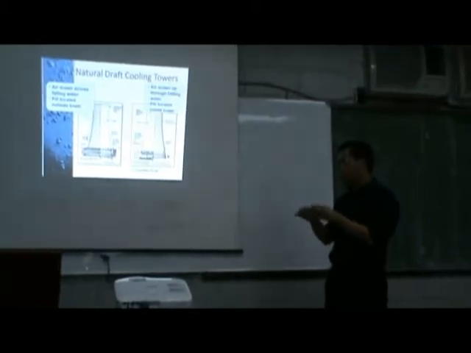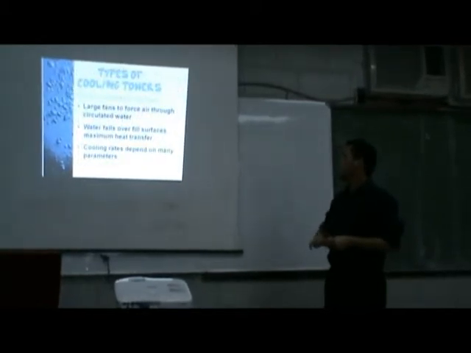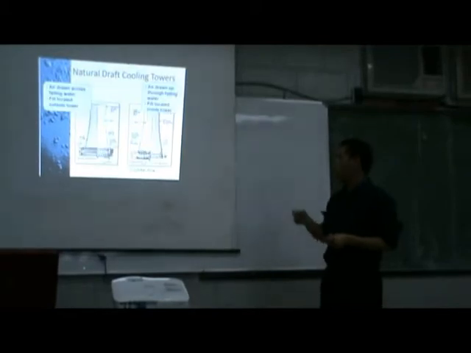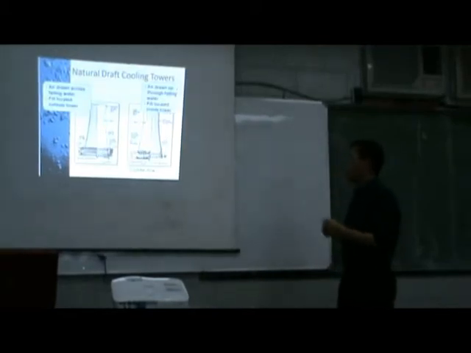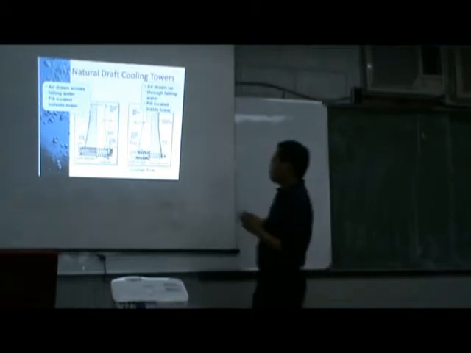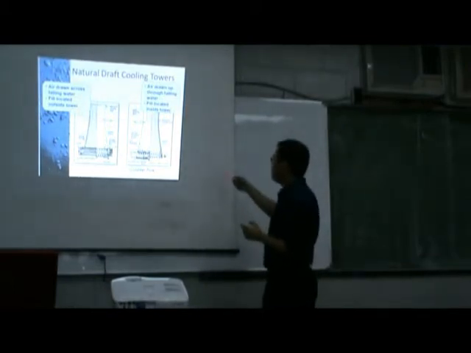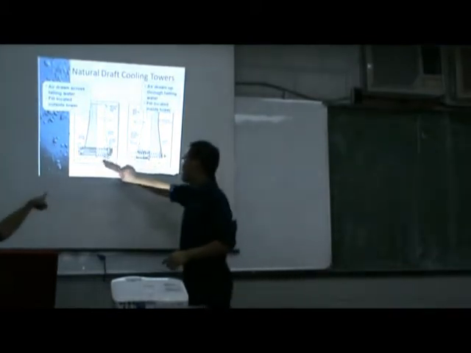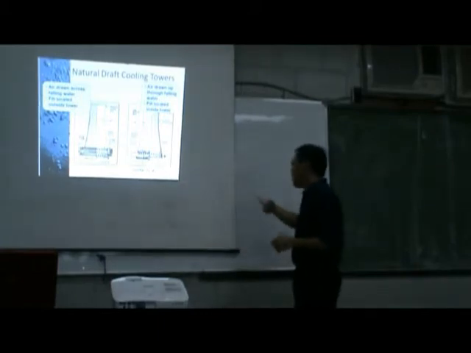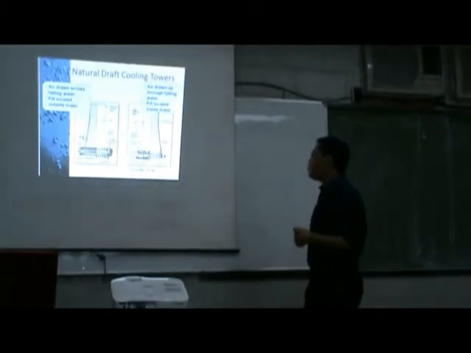So next are the two types of natural draft cooling tower. First is the cross-flow cooling tower, and then the other one is the counter-flow cooling tower. So what's the difference?